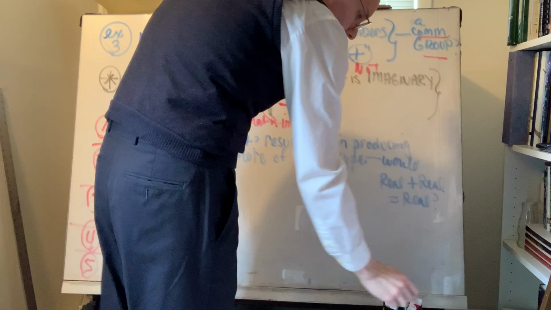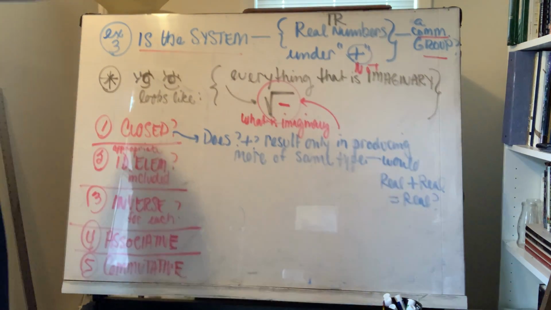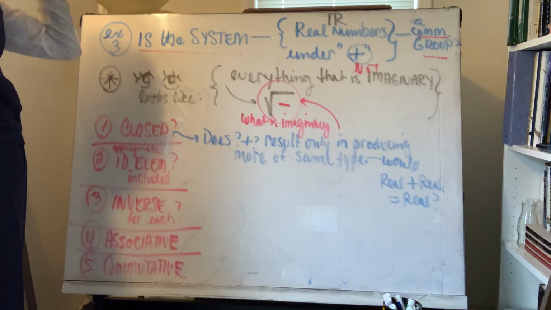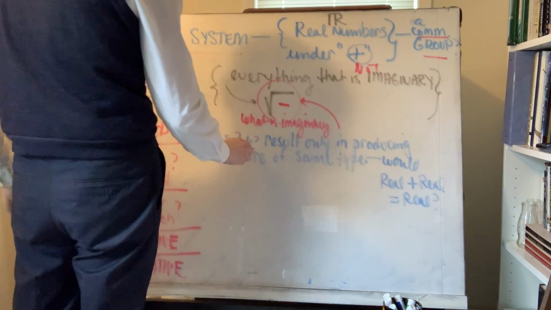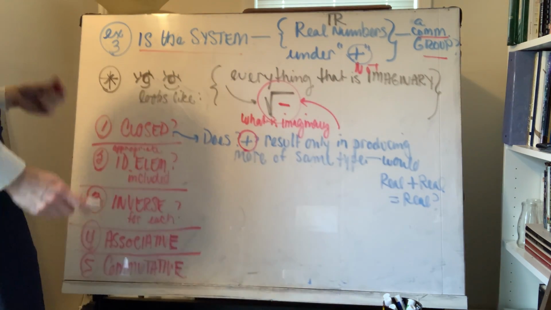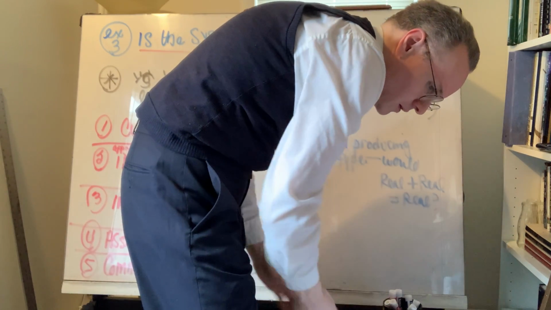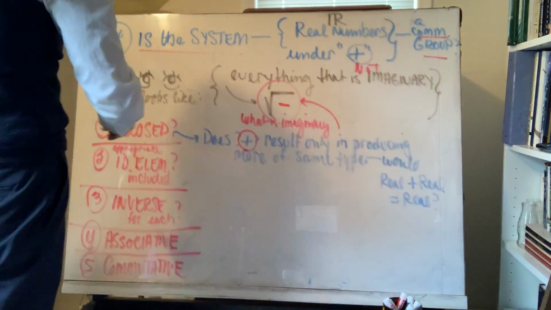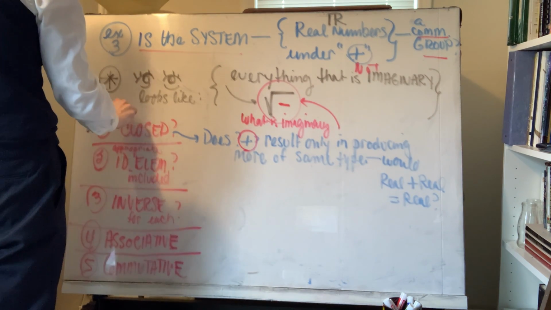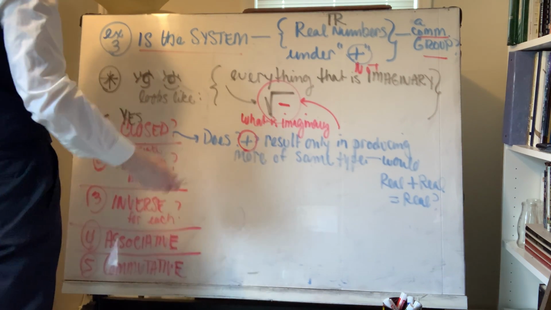No. You're never going to get a square root of a negative by adding real numbers. It might come from subtraction, but that's another story. Not when you're adding. So is this closed? Yes. So far so good. It only produces real numbers.